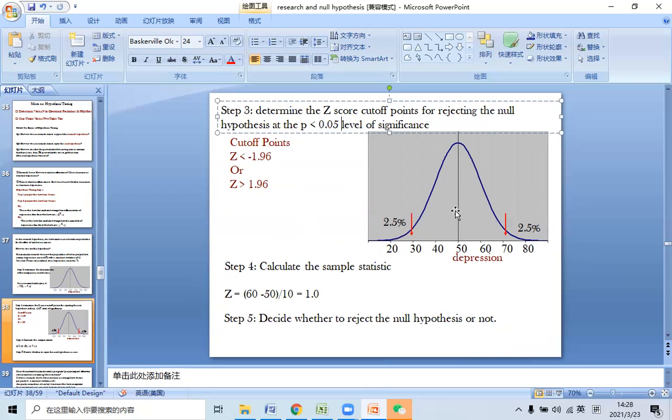Does it improve mood or does it impair mood? Then either way could be possible. So your 5% has to be divided between the left tail and right tail. 2.5% on each tail.